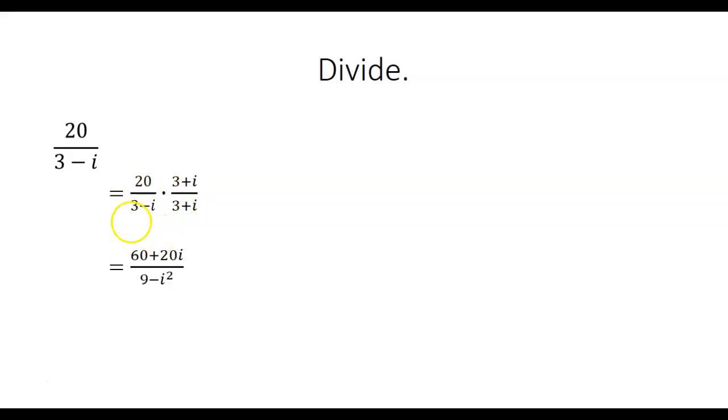Those cancel out. And then the minus i times the plus i is minus i squared. But remember, i squared is really just -1. So we have 9 minus -1 on the bottom. And 9 minus -1 would be 10. That'd be the same as 9 plus 1, so that's 10.